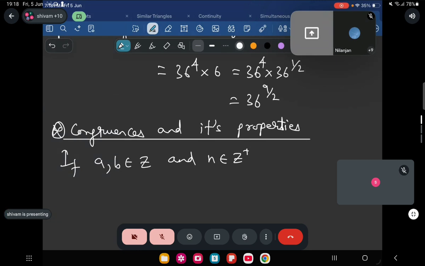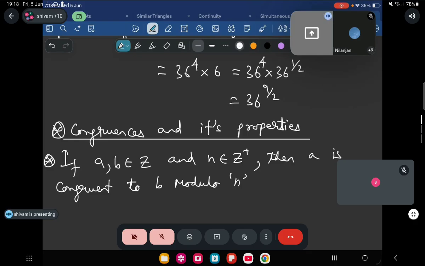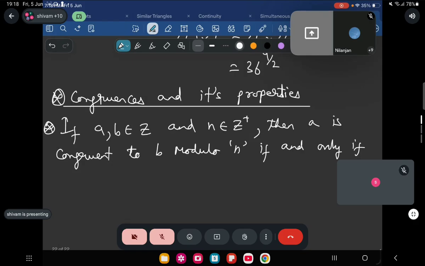Then a is congruent to b modulo n if and only if n divides a minus b.